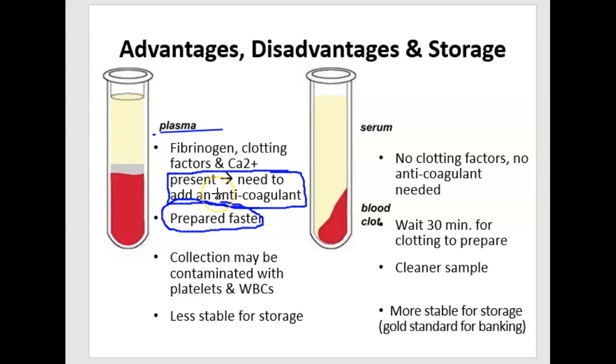You don't have to add an anticoagulant or wait for it to clot and just collect the serum. A bad thing, though, is when you try to pipette this out, you could contaminate your sample with the white blood cells and platelets that are at the buffy coat region, but usually people get pretty good at that and they just don't go down that low. So that's not usually a big deal.